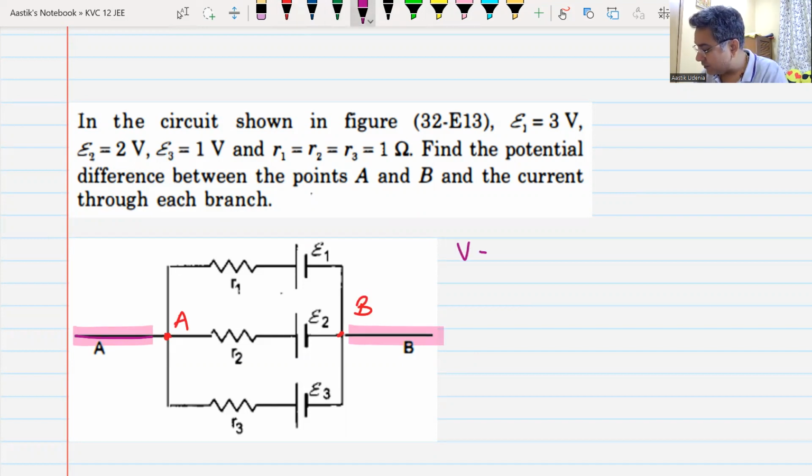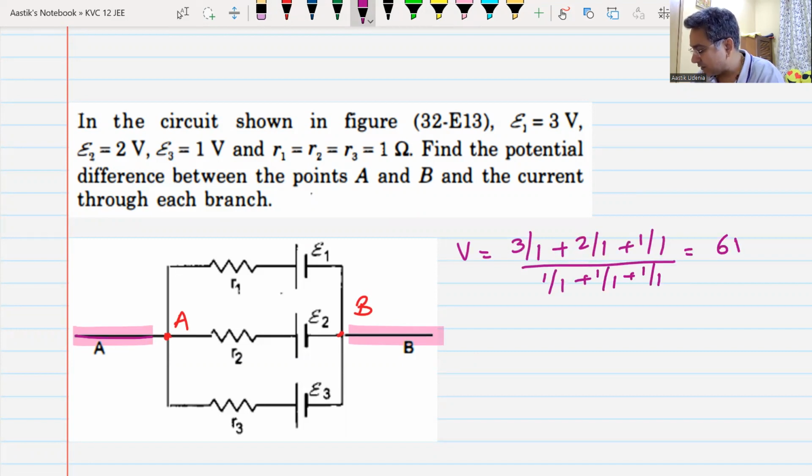So the value of V will be E1 by R1. E1 is 3, so 3 by 1 plus 2 by 1 plus 1 by 1, divided by 1 by 1 plus 1 by 1 plus 1 by 1.